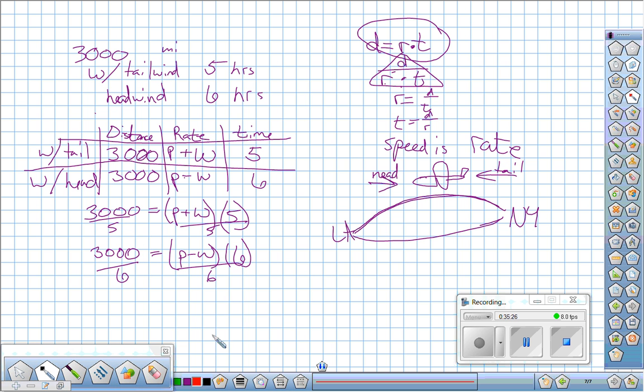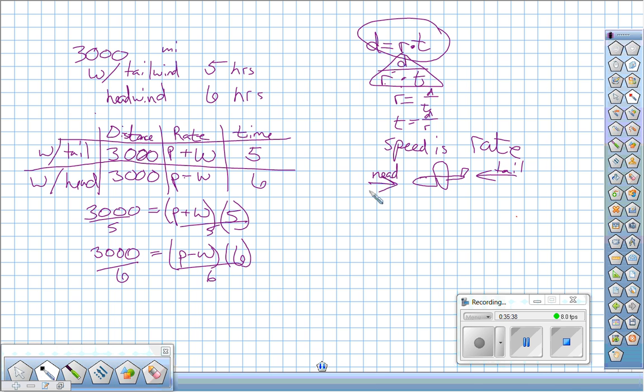So my two new formulas will be: 3,000 divided by 5 gives me 600 equals P plus W, and 3,000 divided by 6 gives me 500 equals P minus W.